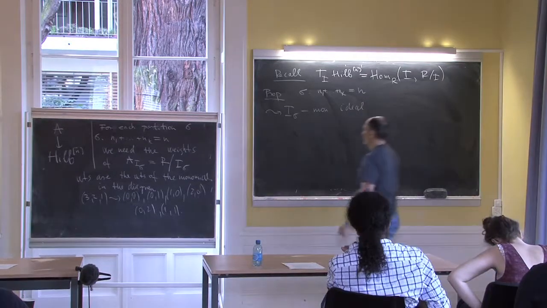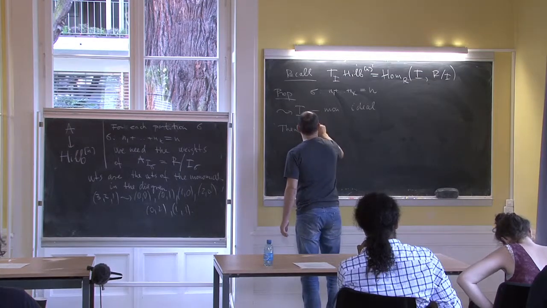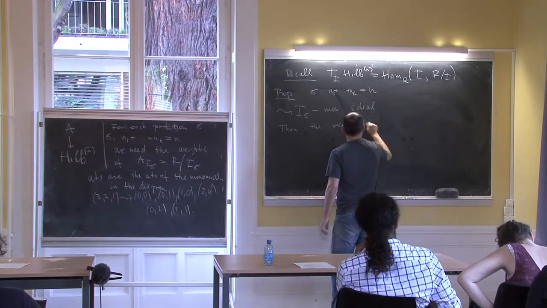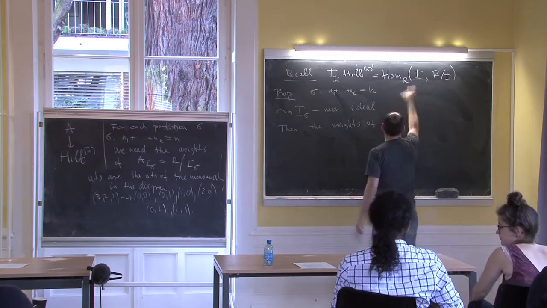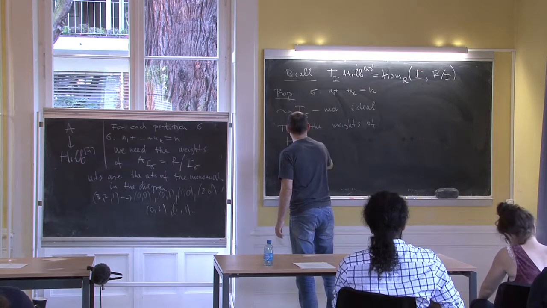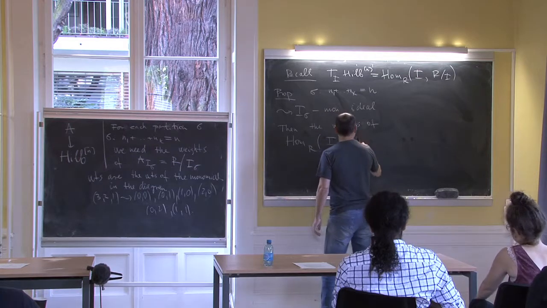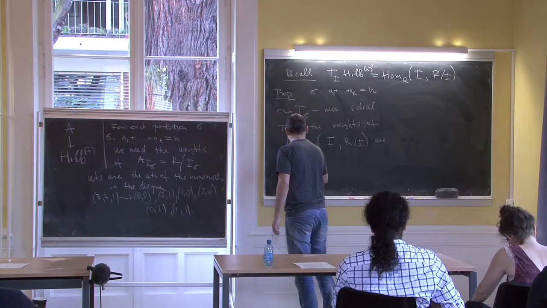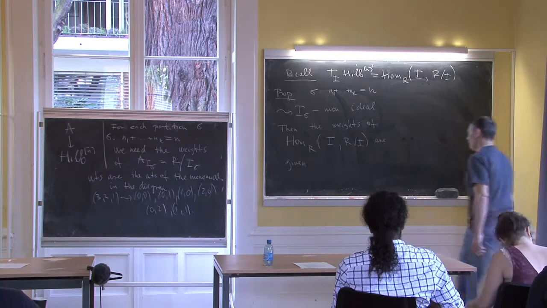So then the weight decomposition, so the weight, simply the weight of this Hom R I, R mod I, are given by the following list. So what we do is the following.